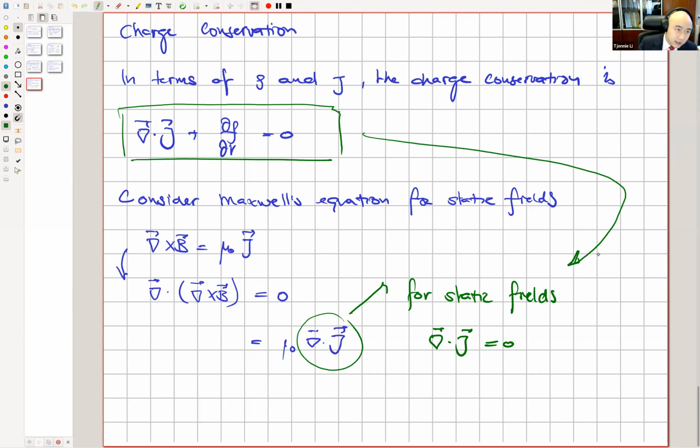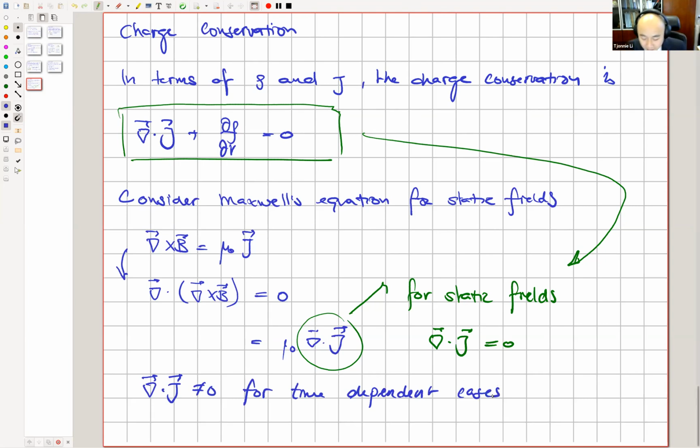So if I want to preserve the charge conservation law, note that the divergence of J is not 0 for time-dependent cases.